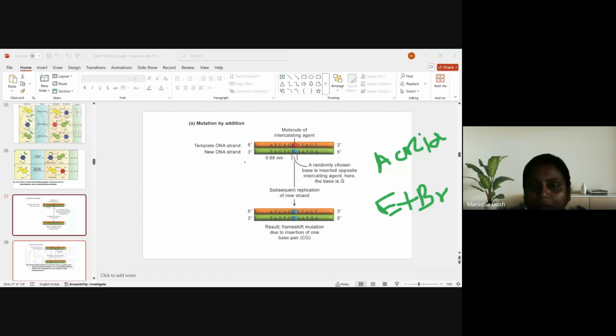This is a dye actually, and ETBr is also a dye. These are called intercalators or intercalating agents. They induce insertions and deletions, leading to frameshift mutations.